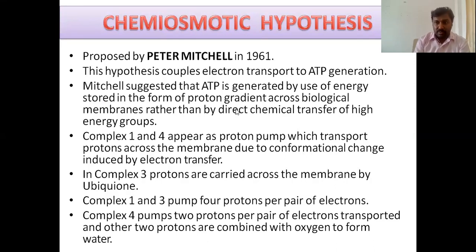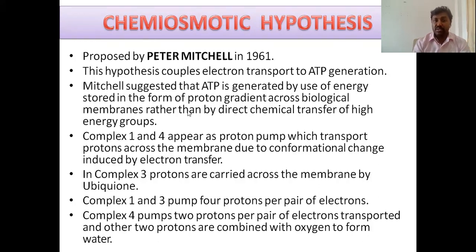Three to four hypotheses exist for how ATP is synthesized. The well-known one is the chemiosmotic hypothesis, proposed by Peter Mitchell in 1961. This hypothesis coupled electron transport to ATP generation.